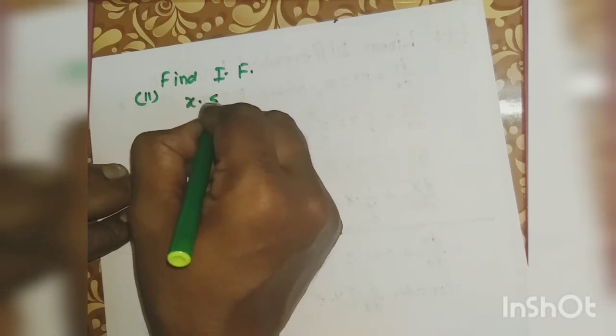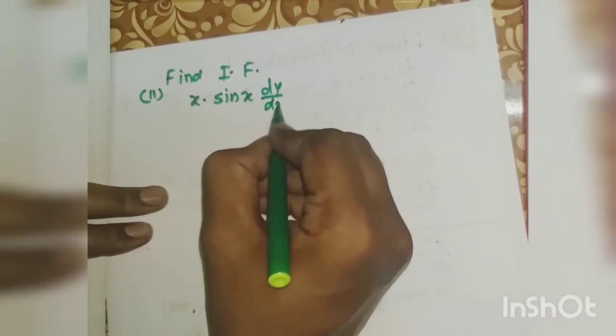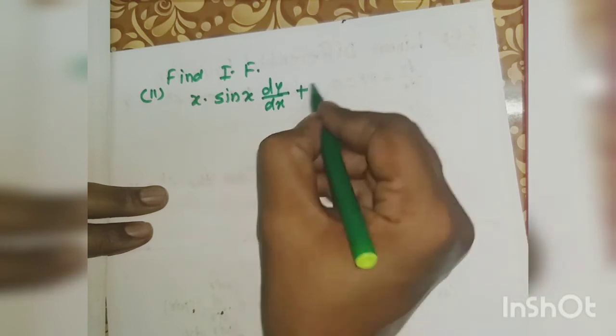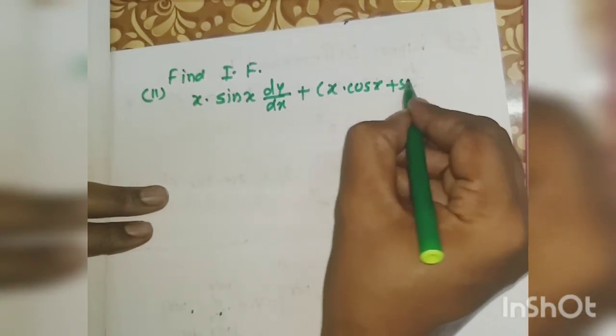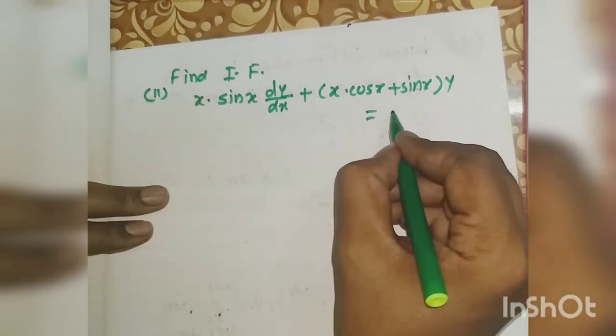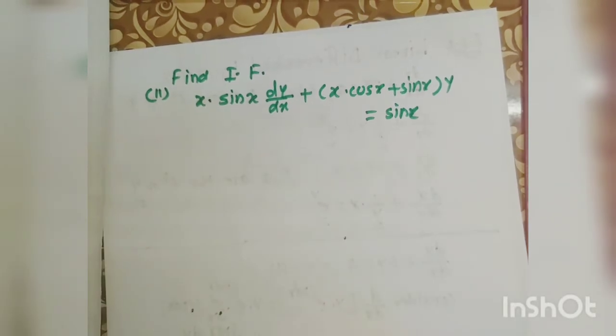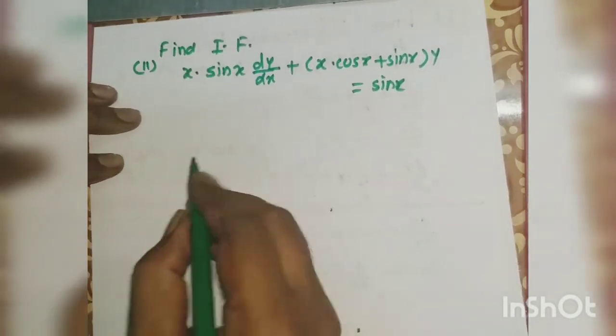The question is x into sin x dy by dx plus x into cos x plus sin x into y is equal to sin x.